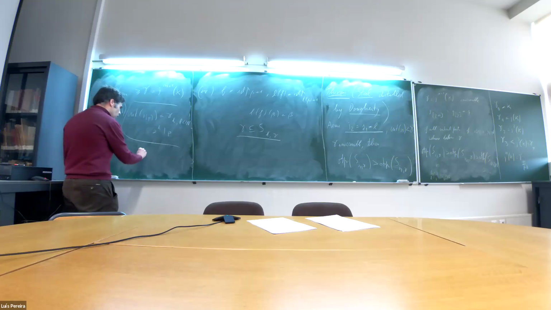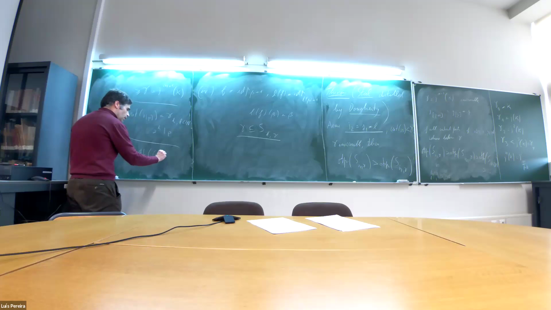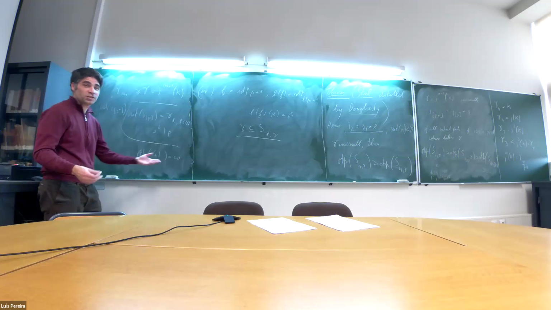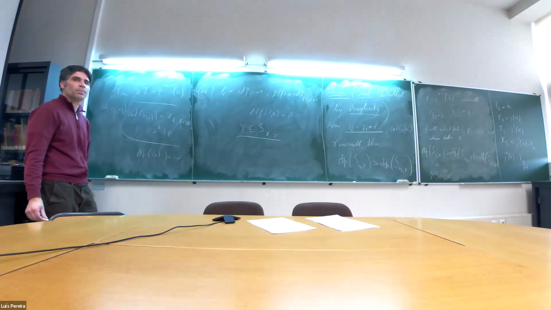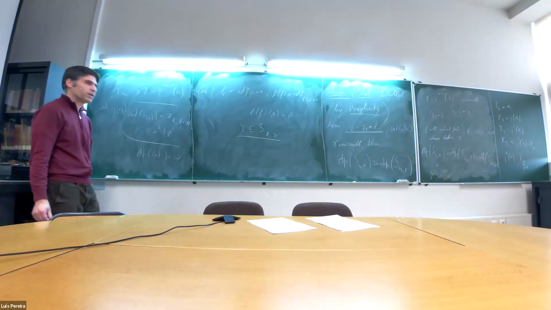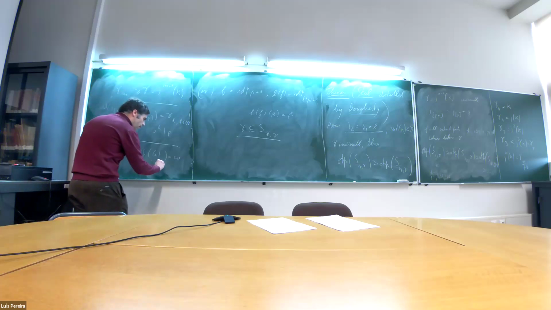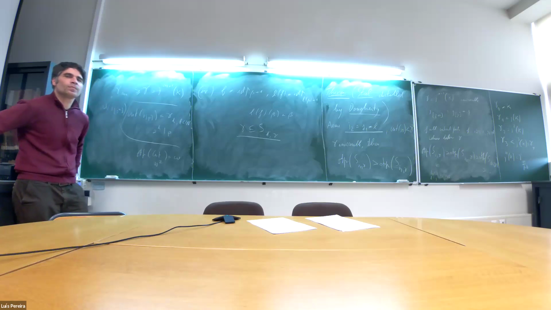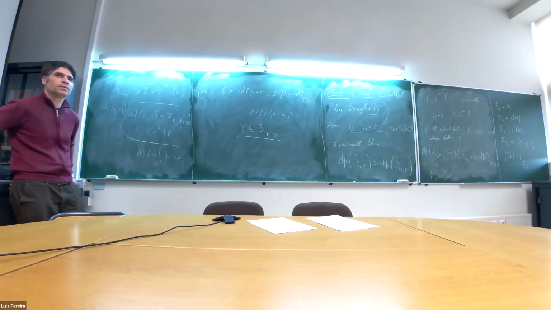So if the order type of the critical points was omega, which it is, there's no problem. But it could be, say, omega squared or something like this. This would be a problem, because then there would be an infinite number of these things. So you want to prove that it's omega and not omega squared.